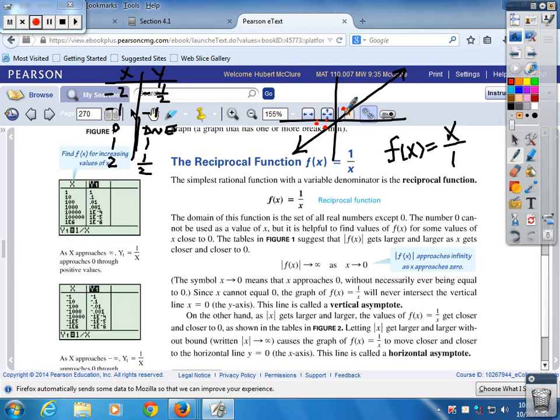And 2 and 1/2. And that's what 1 over x looks like. 1 over x, basically, it converges onto the y-axis and the x-axis.